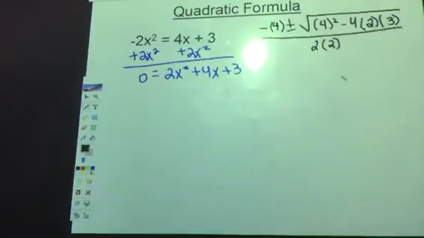Okay? So now, this is negative 4 plus or minus. Okay? Go ahead and put that into your calculator. And you should get negative 8, all of this over 4.